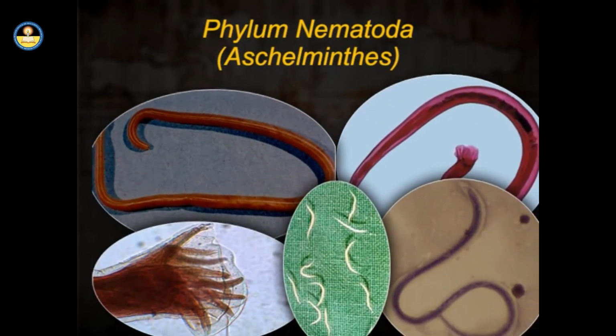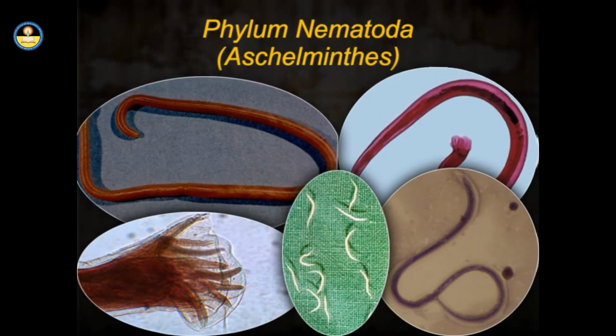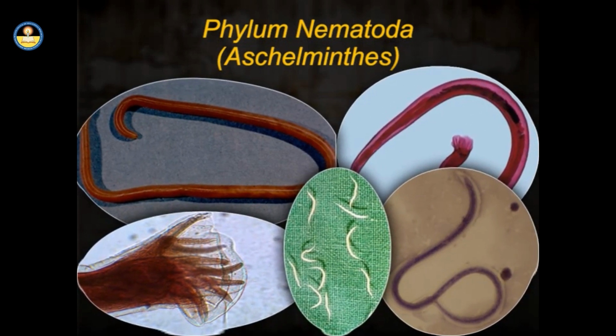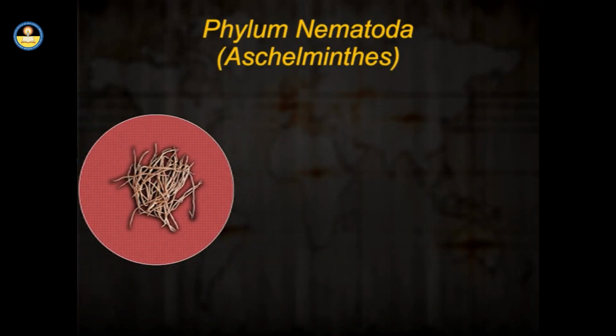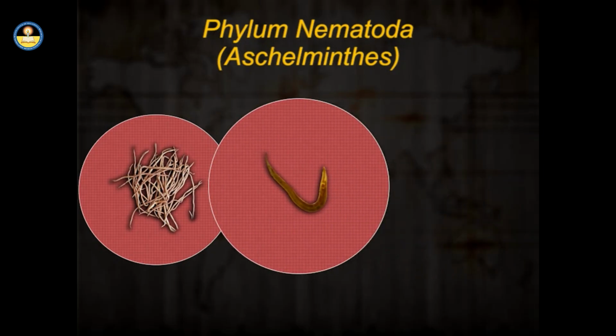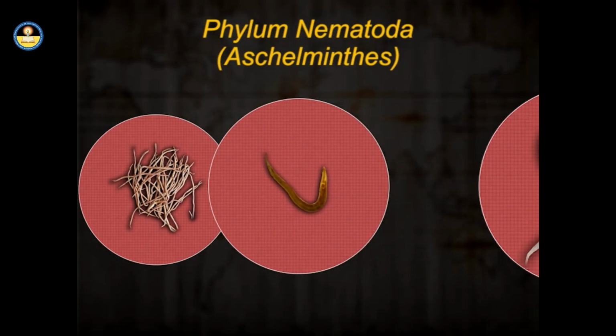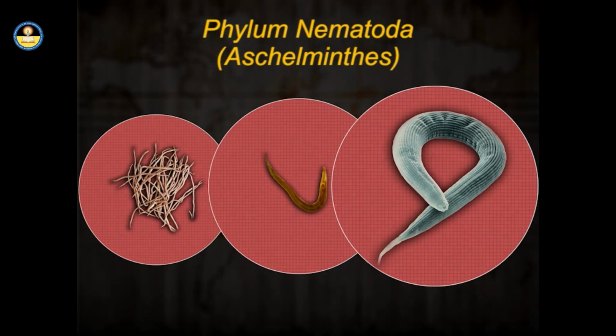Phylum Nematoda, Aschelminthes, roundworms. The body size of nematodes varies from microscopic to quite large forms that are elongated and cylindrical. The body cavity is a pseudocoelom.